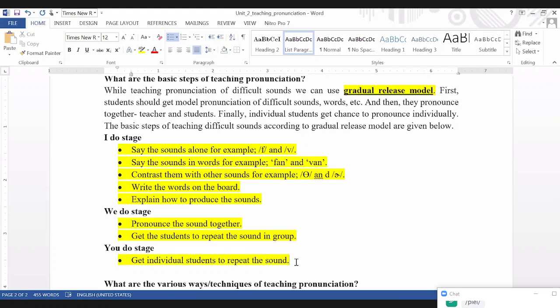Now here we selected two difficult sounds for Nepalese learners, fa and ba, because even now and in the days to come, in the future also, we use two lips to pronounce fa and ba because we are habituated. हामी अभ्यस्त भइसक्यौं.